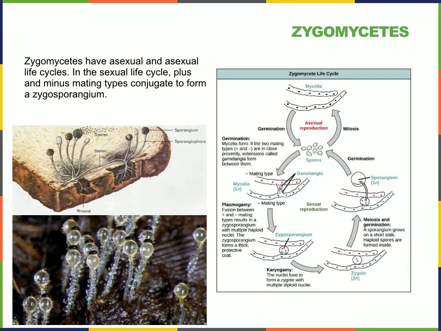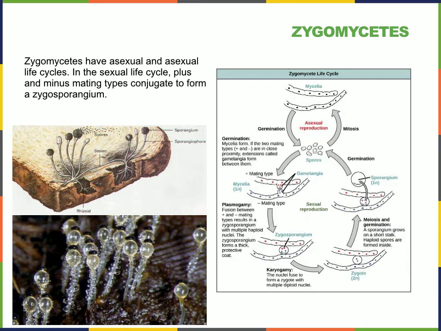A common bread mold, this is a Zygomycete. Bread is kind of dry. It's dry enough that it's usually not attacked by bacteria. It's usually attacked by fungi. What happens is the fungi form a mat of filamentous hyphae that invade the bread and start digesting it.